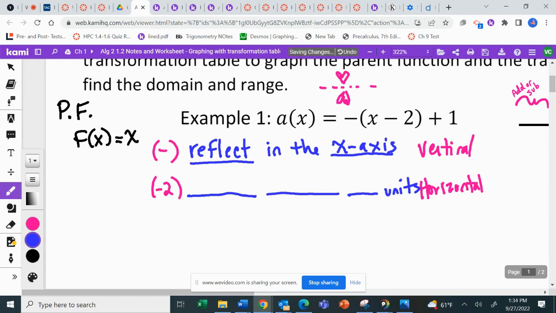Anytime we add or subtract, that would be a what? What's the word? It is horizontal, but that word is translate. And which direction are we translating? Right. And remember, everything horizontal is opposite. And then that would be 2 units.